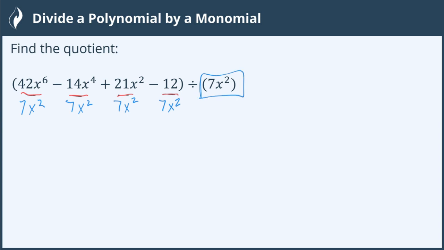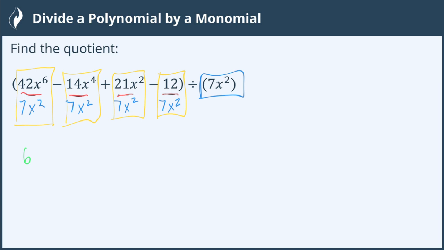Okay, so then what I do is I look at each individual term and come up with an answer for each individual term, and then put that all together to be my final answer. Okay, so for the first one, we have here 7 goes into 42 6 times evenly.